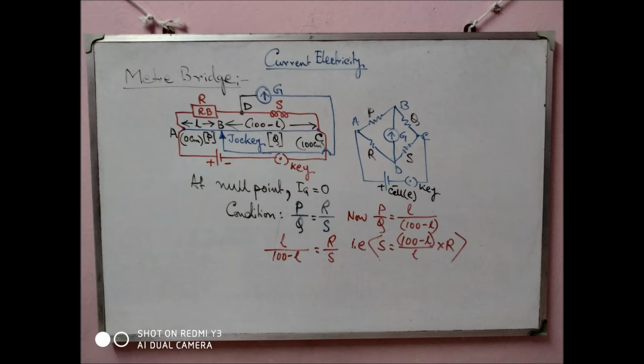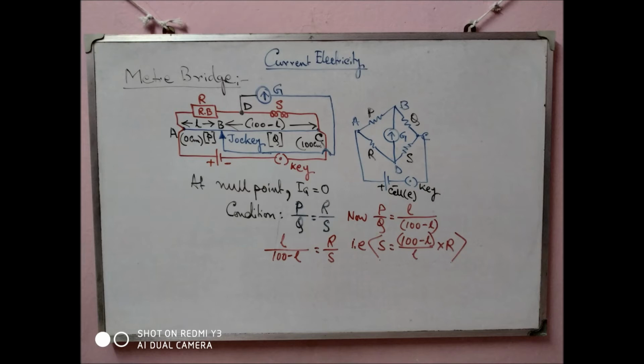So by changing this ratio, we take 2 values of S and then take the mean of that. It will reduce the error of measuring the unknown resistance. Okay. So this is one thing.